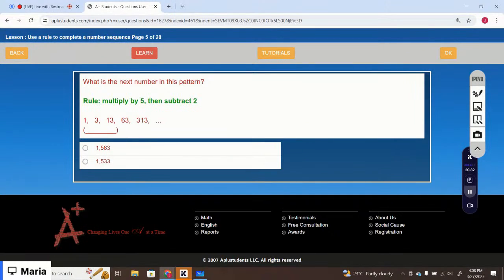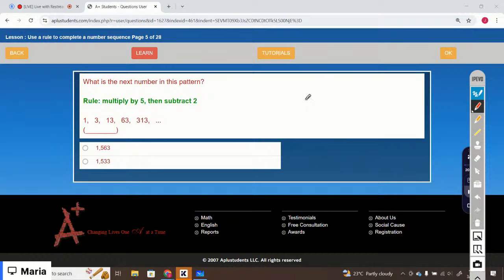What is the next number in the pattern? Which is the next one? Very good. Option number 1 is the correct option.